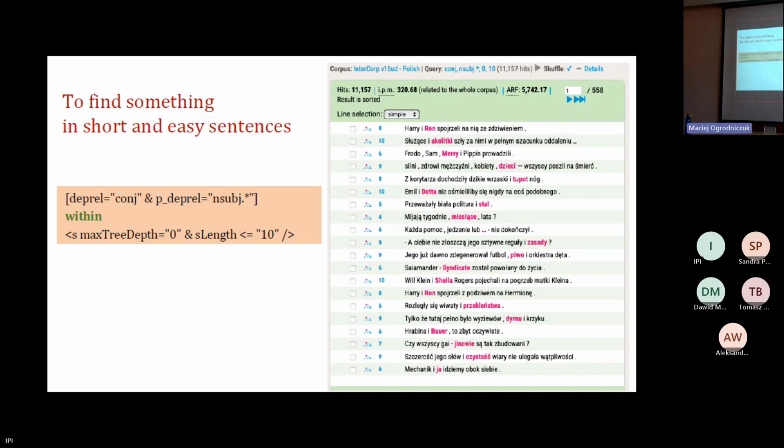So you can combine a regular query, such as I'm asking for something which is a non-initial conjunct and which has the dependency relation of its head nominal subject, but you want to find that in those easy examples. So you use that expression within, and you use that expression to pick those easy sentences.